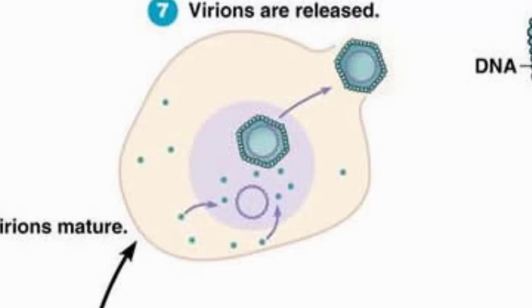So that's the cycle of transcription and translation in the virus. And now I'm going to go into further detail about transcription and translation in the viral gene in the next video.